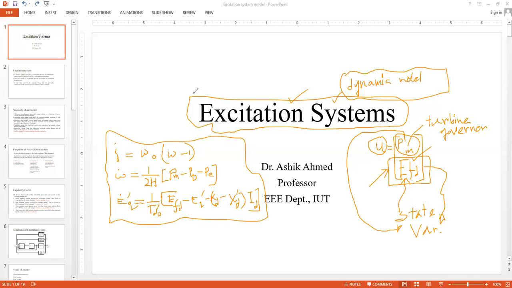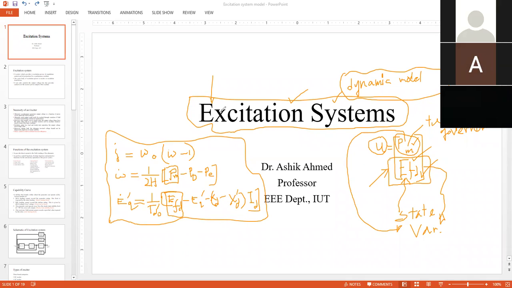That means with the help of the excitation system and the turbine governor system, we are going to have some control over this Pm as well as this Efd. Right now they are uncontrolled; they are some constant values in our dynamic model. So to start with, we go for the excitation system modeling.